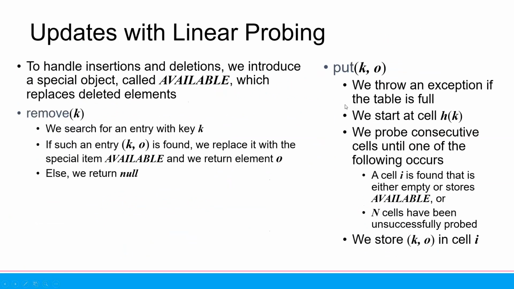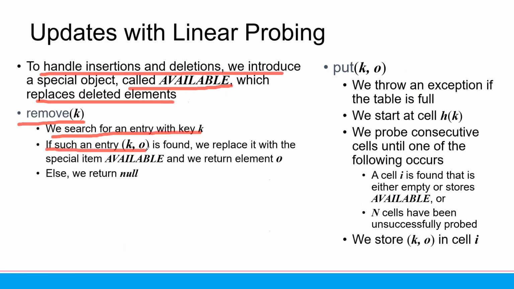How if I want to update? Update means I want to change the value. To handle insertion and deletion, we introduce a special object called available, which can replace the deleted elements. In the function remove, we search for an entry with key k.